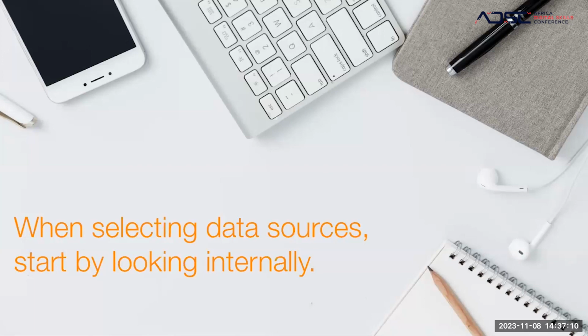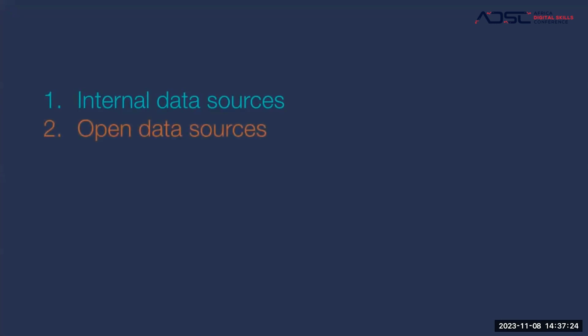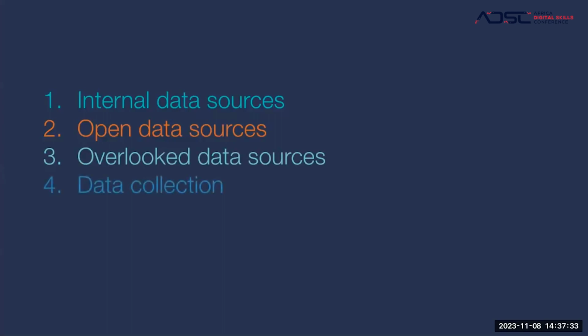Make sure you've explored all internal data source options for data that you might be able to pair with open data to address your challenge. Next, once you've exhausted internal data sources, it's time to consider publicly available data, frequently referred to as open data, bringing us to number 2 on our list, open data sources.